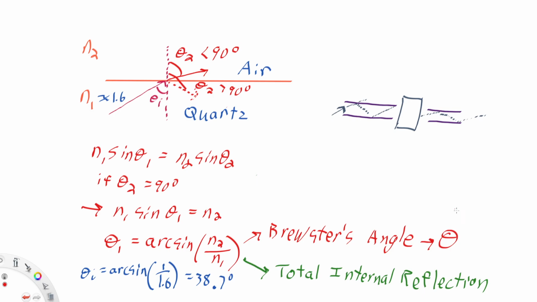Anthony, yeah, Brewster's angle is denoted theta b. I'm sorry you all have to field my sense of humor.